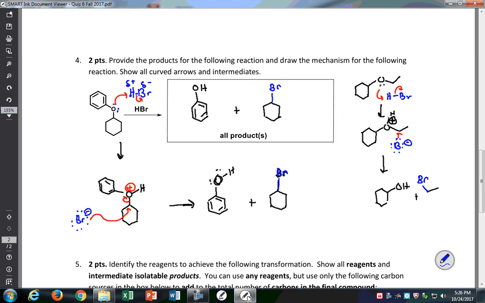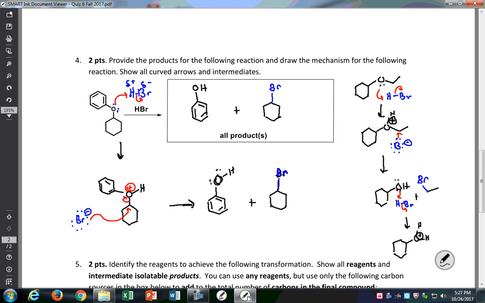So since this is not phenol, this reaction would continue, and then you would get another reaction with acid. Remember, there's a lot of acid present. So you just get the second reaction again.